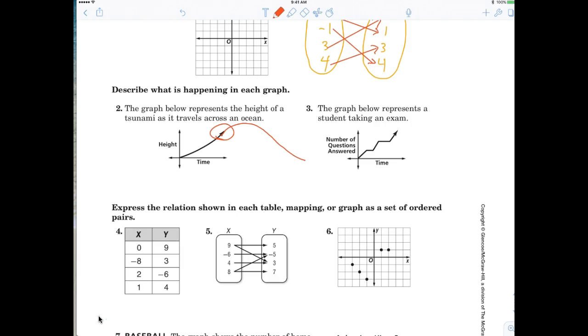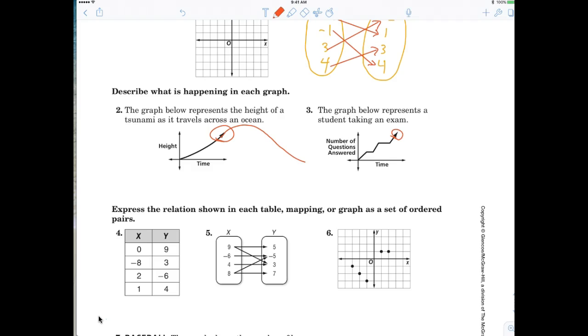The graph below represents a student taking an exam. Again, I don't like the end here, because it makes it seem as if there's an infinite number of questions. At some point, this should be a solid dot, in my opinion, representing the fact that it's over.